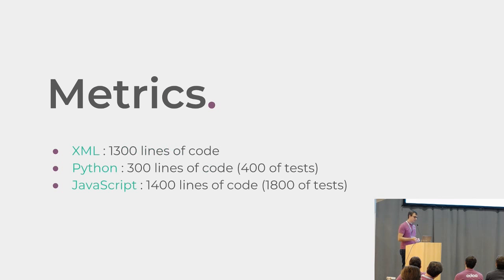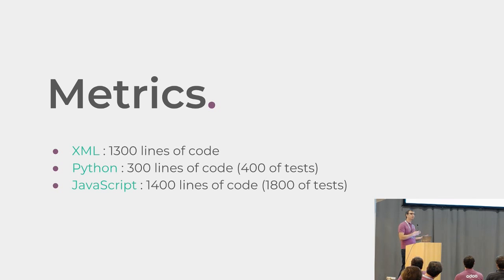In more technical metrics, the whole application represents more or less 1,300 lines of XML, 300 lines of Python, and a lot of JavaScript, 1,400 lines of code.